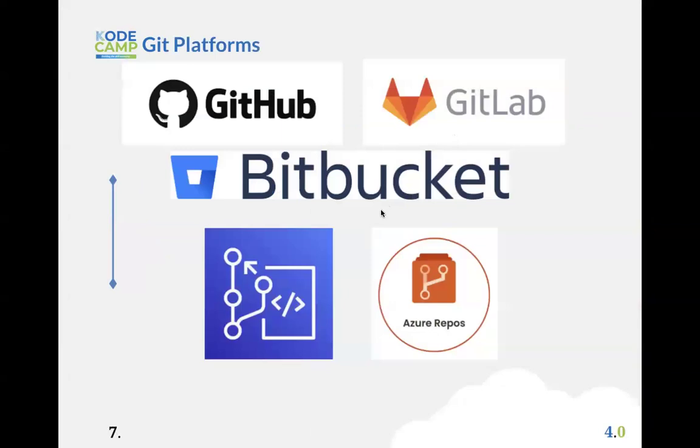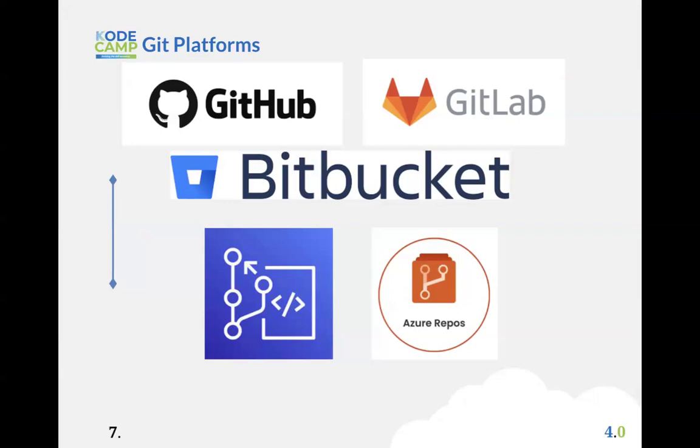So some popular platforms that we use for version control are GitHub, which is one of the most popular. You have GitHub, which uses Git to create a remote repository for source code. You have GitLab, you have Bitbucket, which is mostly used in enterprises.